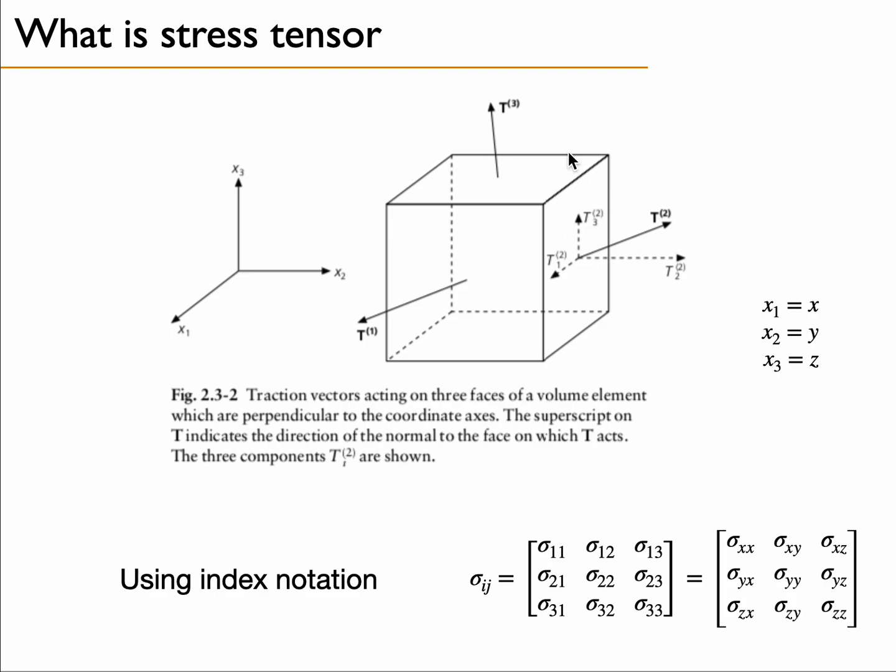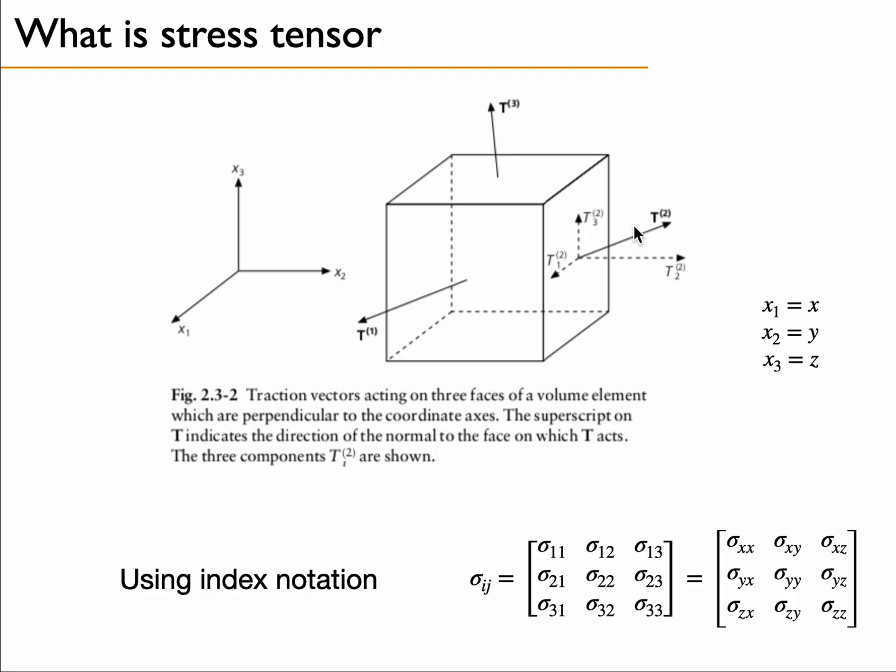In addition to this, there are tractions that are acting on each of these faces, and this traction may not coincide with the orientation of the x1, x2, and x3 axes. So you see that the tractions here are dipping with regard to the coordinate system x1, x2, x3. So how does it work?